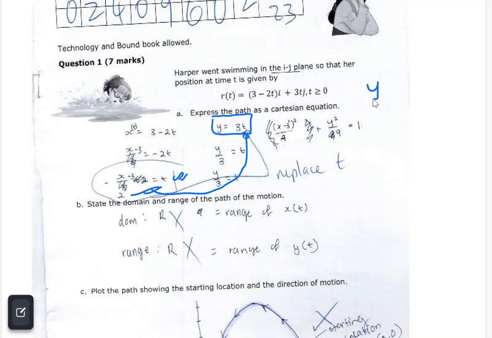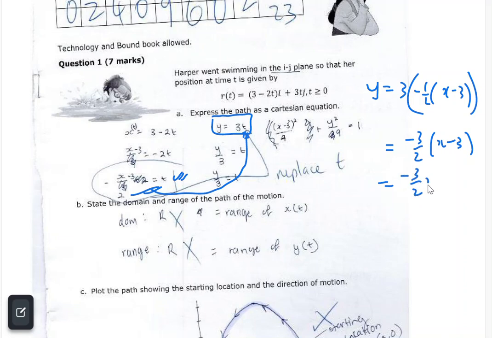So y equals 3 lots of what you have over here, which is minus a half x minus 3. So minus 3 on 2, x minus 3, which is minus 3 on 2x plus 9 on 2. A straight line that goes through at 9 on 2 and at 3.